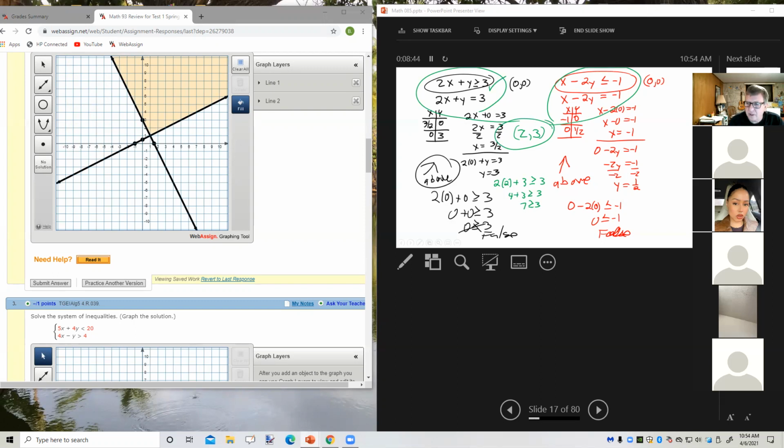Now let's take 2, 3 and check it in the red inequality. So x minus 2y less than or equal to -1, 2 minus 6, which is -4 less than or equal to -1. That is true. So our region checks out for both inequalities.